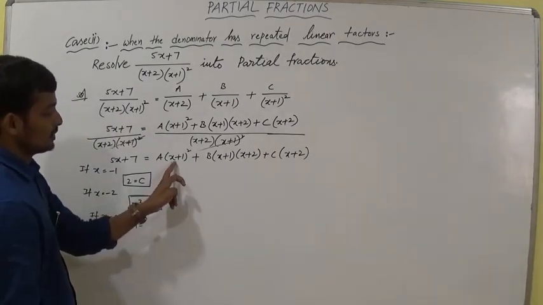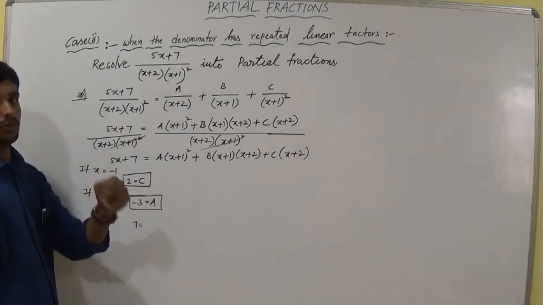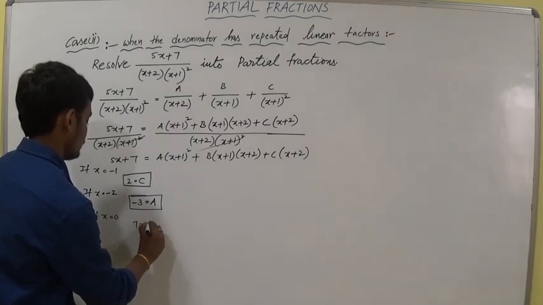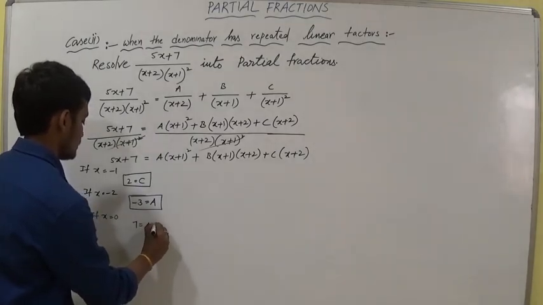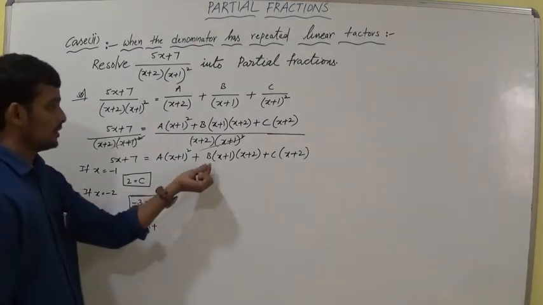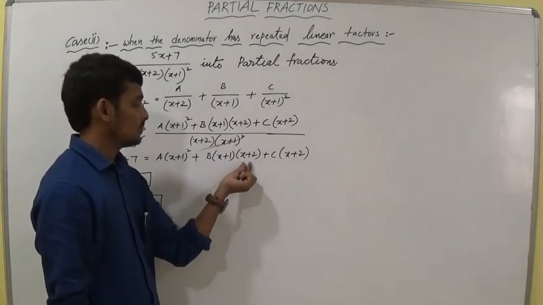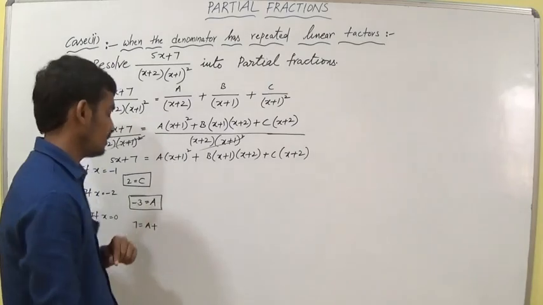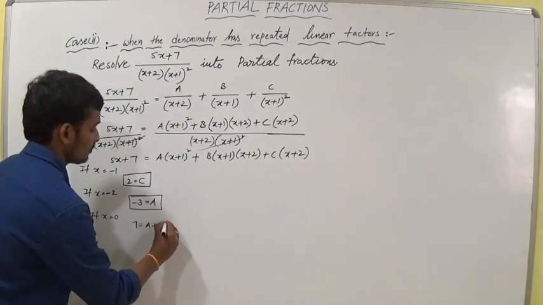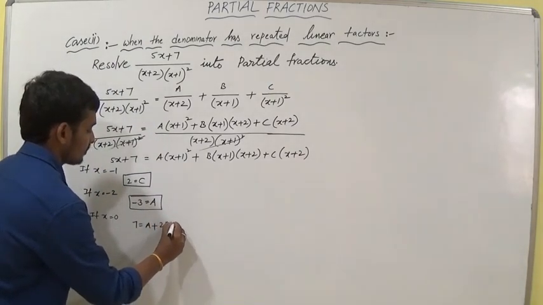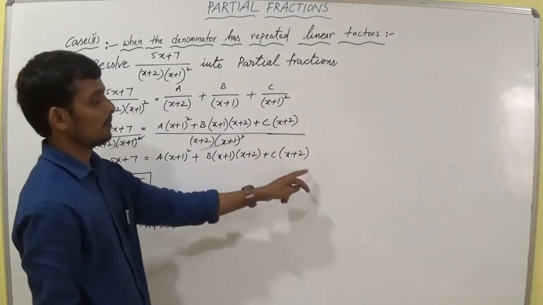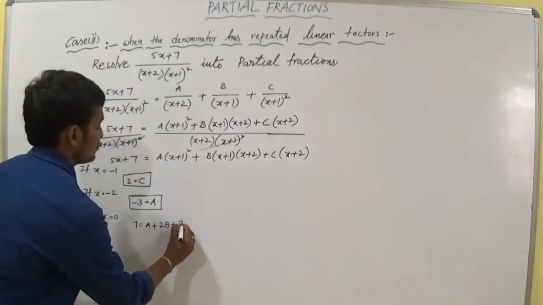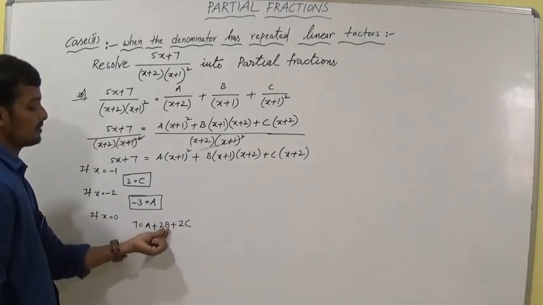Substitute 0 here. 0 plus 1, 1. 1 whole square, 1. 1 into A. Plus 0 plus 1, 1, 0 plus 2, 2. 2 into 1, 2. 2 into B, 2B. Plus 0 plus 2, 2. 2 into C, 2C.